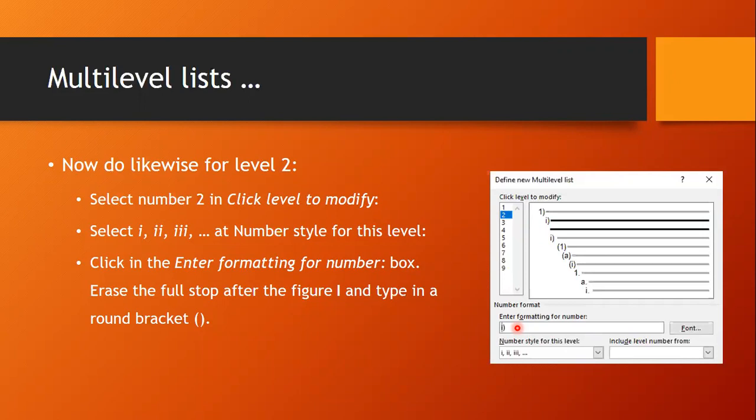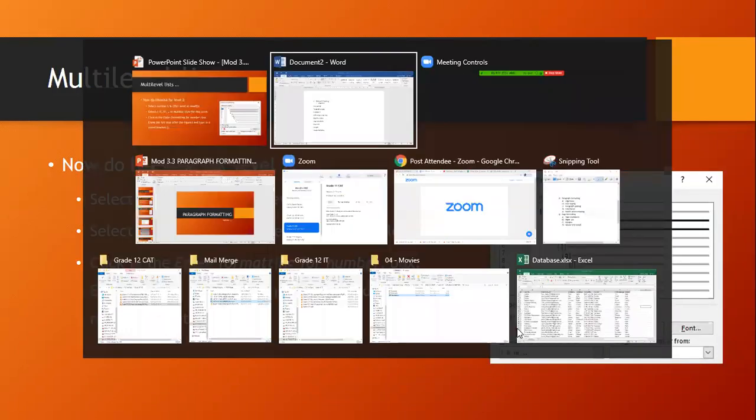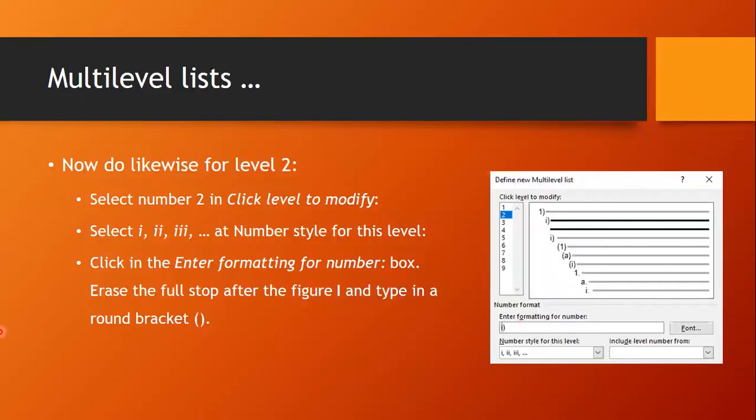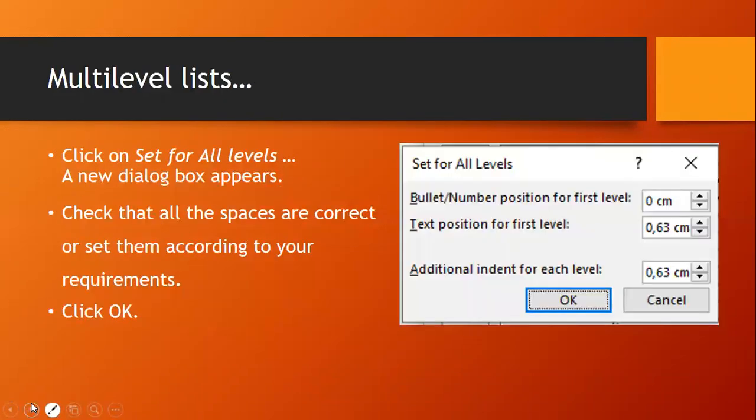Okay, so very important, you must practice. Okay, sorry, let me just go, I've gone now completely out of it. There we go. Okay, so now we're going to carry on. So click on the set all, there I've shown you. Check that all spaces are correct. So depending on the distance between the margin and the bullet and the text, you can set that over here.